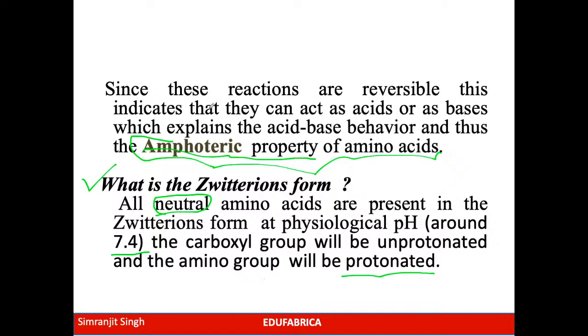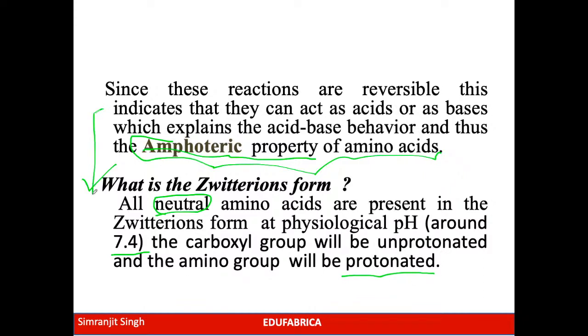So there are two different terms which seem quite similar because of the amino and carboxylic groups. But remember, amphoteric property is based upon acid-base behavior, whereas the zwitterion property is based upon the pH, where the carboxylic group and amino group are getting unprotonated and protonated.